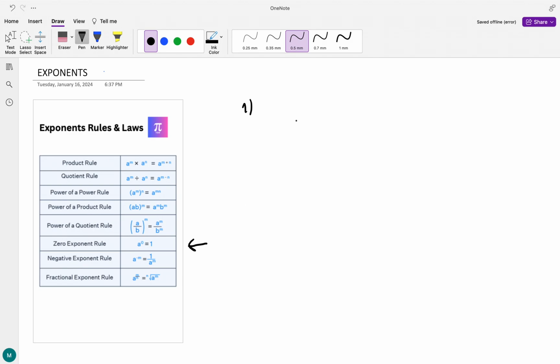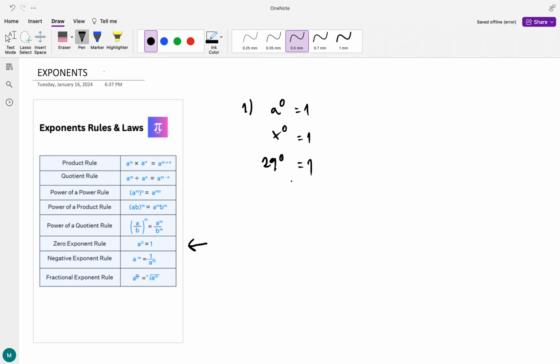Keep in mind, anything and everything to the power of 0 is always equal to 1. That includes a to the 0, x to the 0, 29 to the 0. It's always going to be 1.